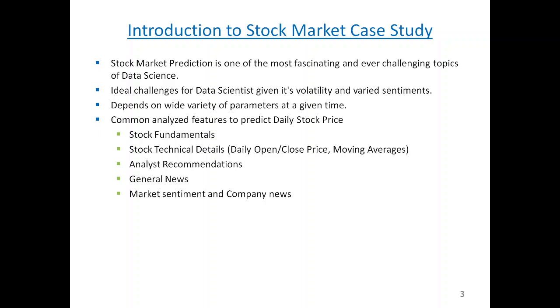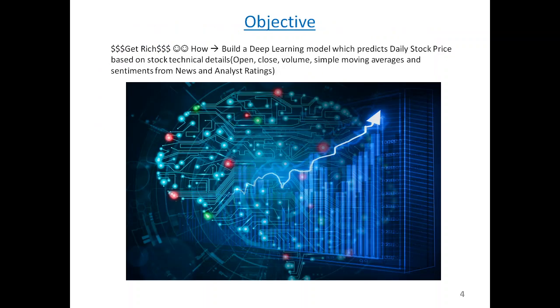And then we have general news, which definitely impacts the stock market, and the next thing is the market sentiment, which generally can be taken from the index funds like Dow Jones or S&P. And obviously the company news matters the most in the moving stock market.